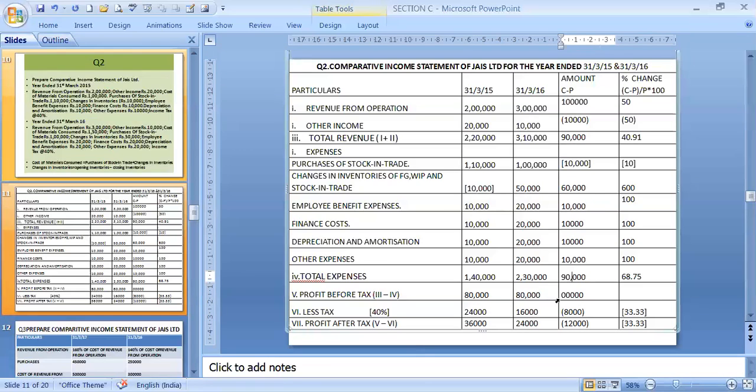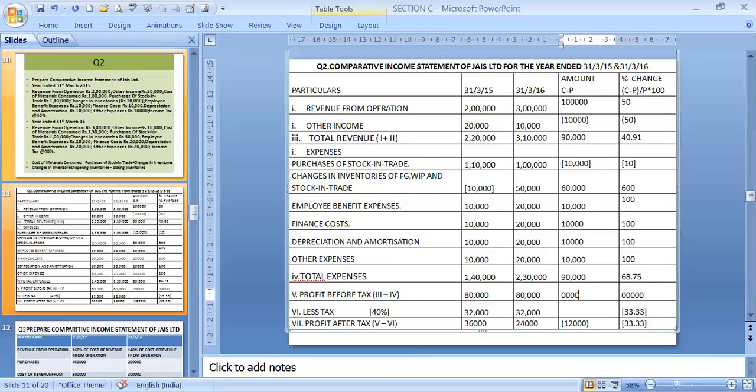And we see that in profit there is no change at all. Profit last year was 80,000, and this year it is also 80,000. Tax is 40% in both cases, 40% of 80,000 is 32,000, so there is no change in this one either.